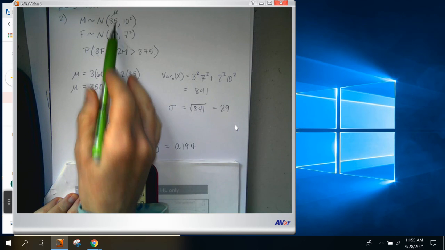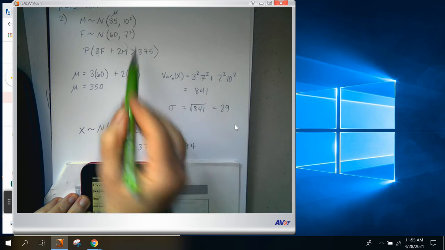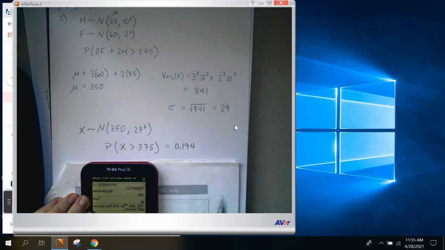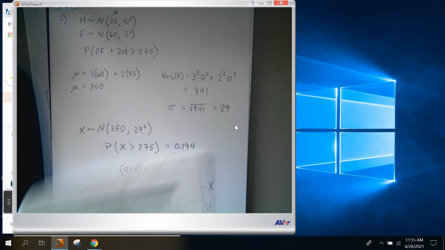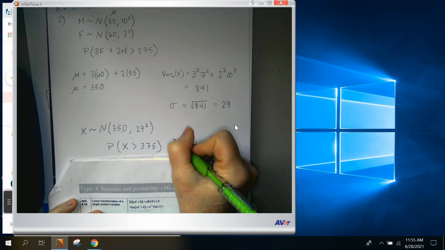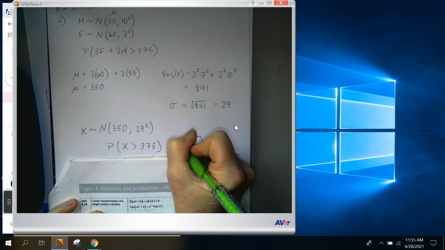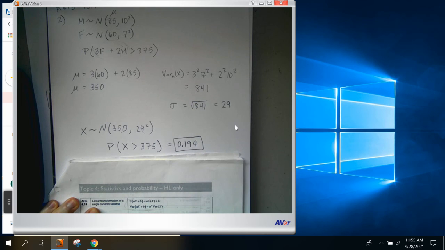When I have a multiplier, remember the multiplier affects not only the mean, but it also affects the standard deviation. And then I used my little formulas here to help guide me. Okay, so that is the answer to number 2. They have a 19.4% chance of busting the elevator if I have 3 women and 2 men on it. Too many people.